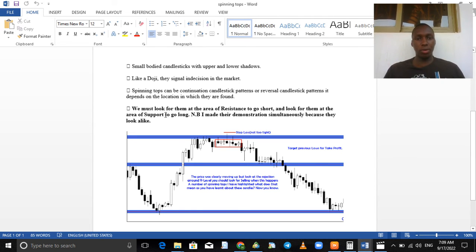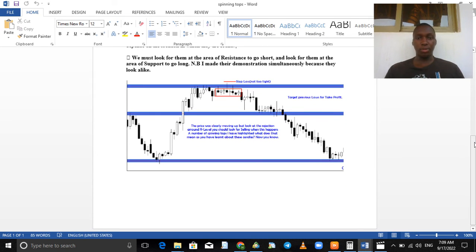Now we must look for them at the resistance area to go short, which means selling, and look for them at the support area to go long, which is buying. Note, I made this demonstration because they look alike. So I got a little illustration of the spinning tops, not to confuse you guys.